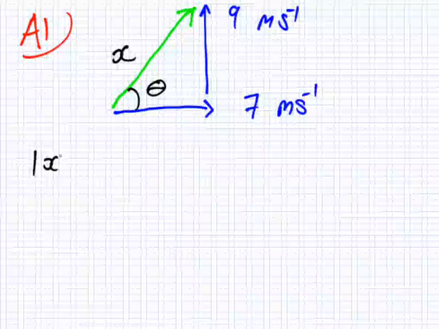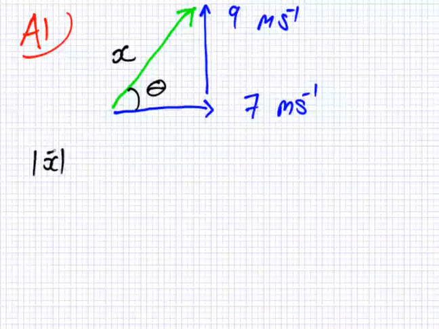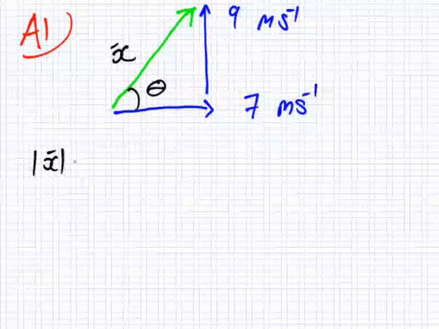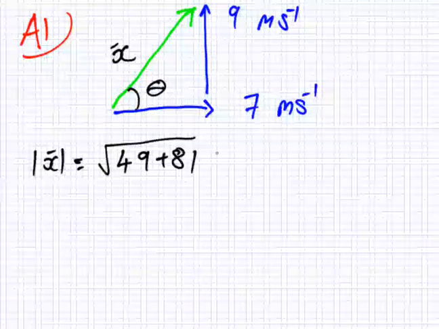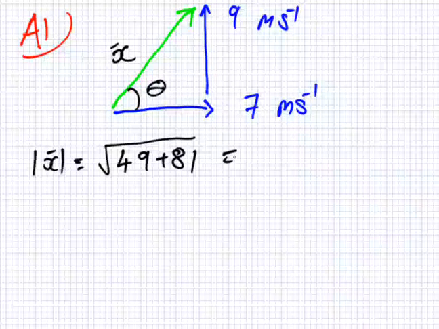Right, 7 to the east and 9 to the north. So 7 meters per second to the east, 9 meters per second to the north. So the vector is like this.